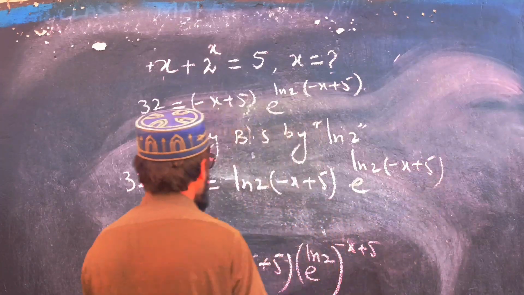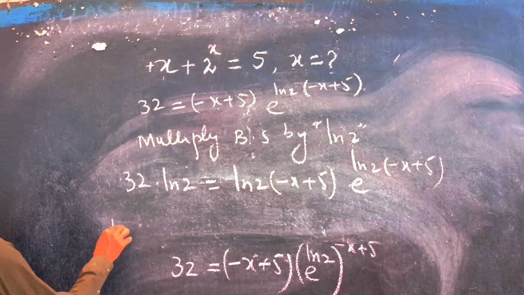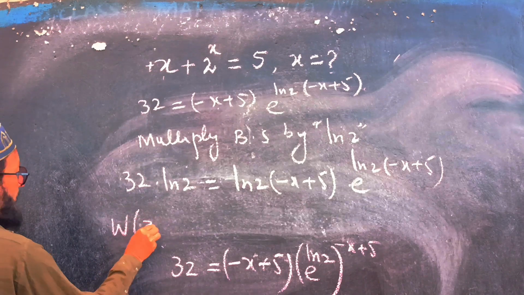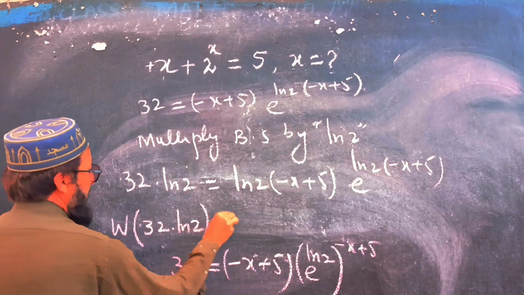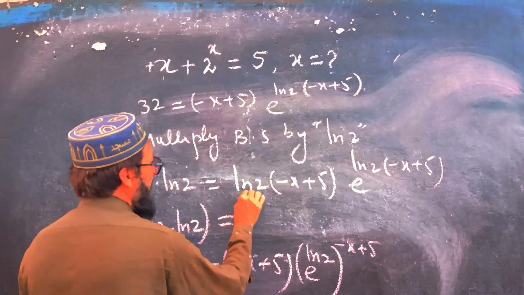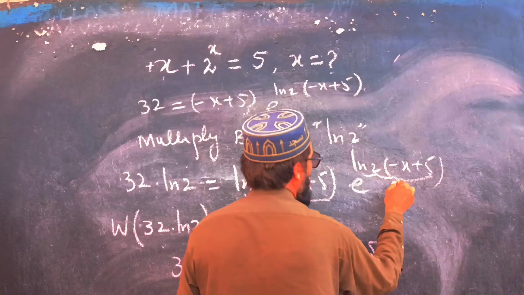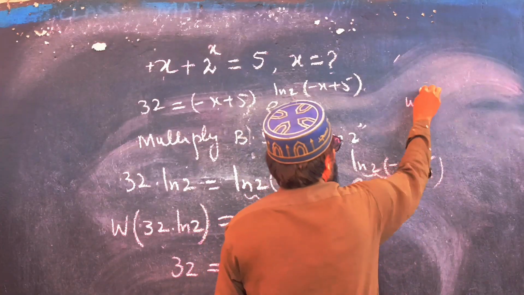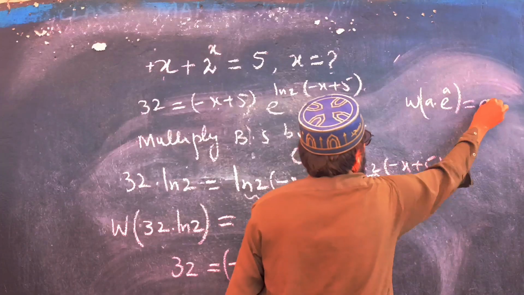Now applying the W Lambert function: 32 log of 2 is equal to, this will be considered a, and this will also be considered a. According to the W Lambert function, we get a.